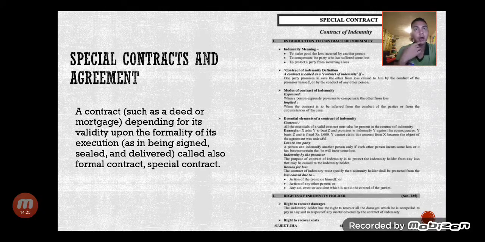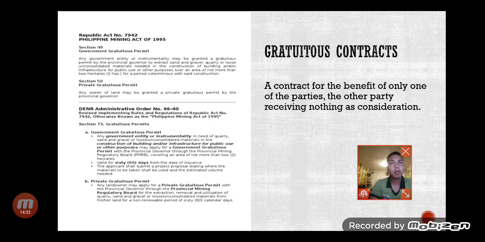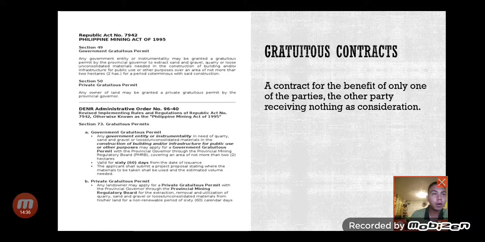These contracts are examples of special contracts. So the next one is gratuitous contract, a contract for the benefit of only one of the parties, the other party receiving nothing as consideration.